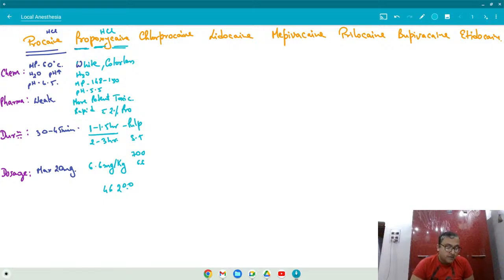So normally, remember that the dose should not exceed 400 milligrams. Basically for adults, you should not give more than 400 milligrams.